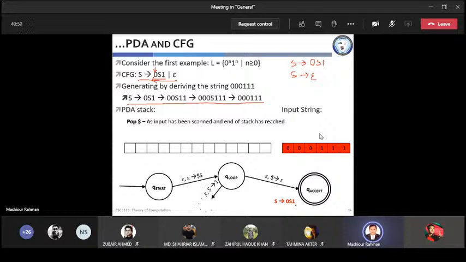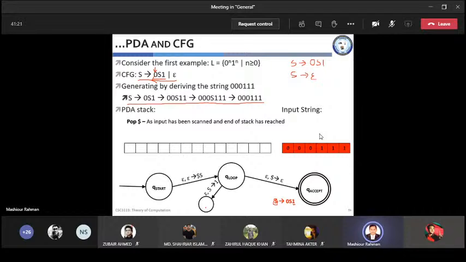How? Remember, in the PDA, we need to go in opposite order, right? So 0S1 means 1S0. So you can see that read no input, pop the variable S, push 1. That is, we are pushing the first one, 1. We are popping this S and we are pushing the right hand side symbol.